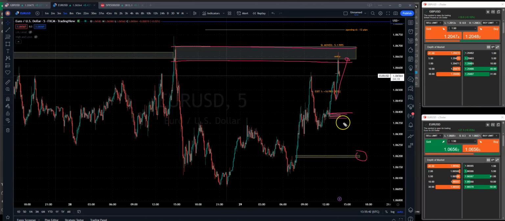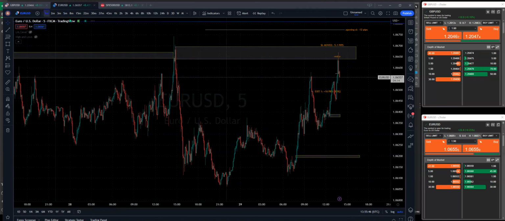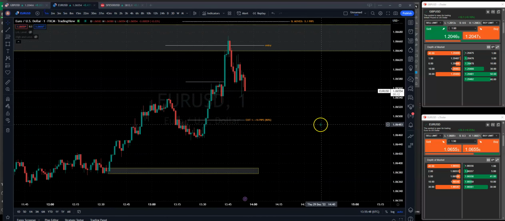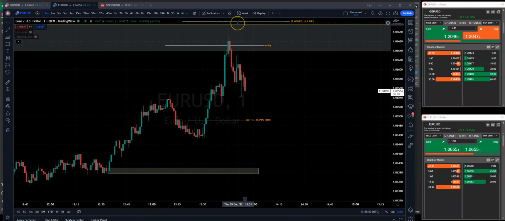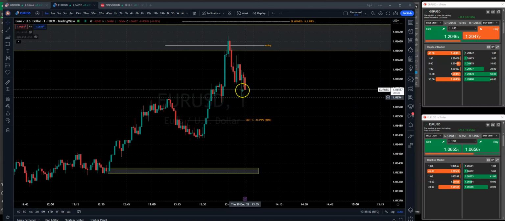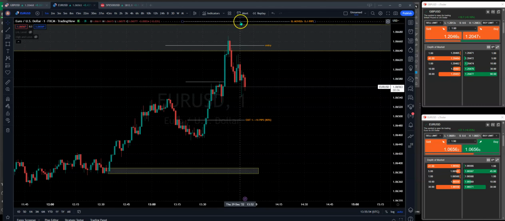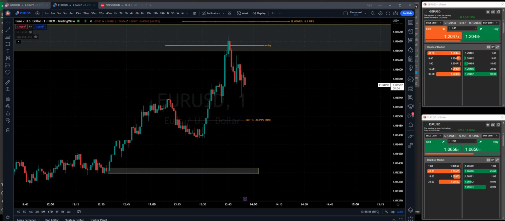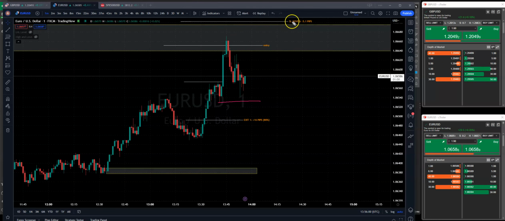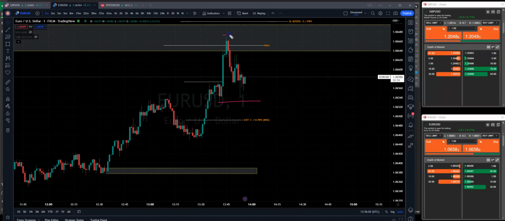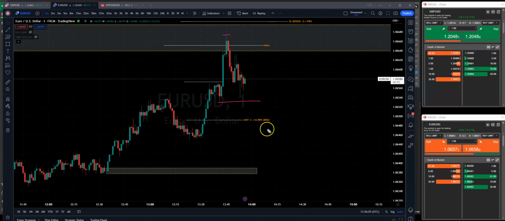So let's see how this pans out, but so far it's looking good, because we've already reduced our stop, and once the price takes out this level, I think I'll move my stop from minus 5 to even just above this high, which is I think minus 3 or so.